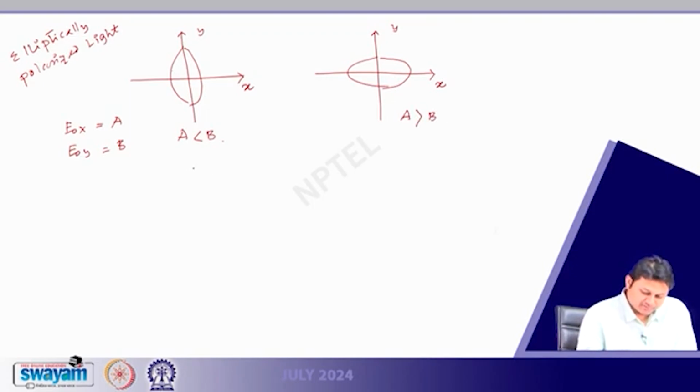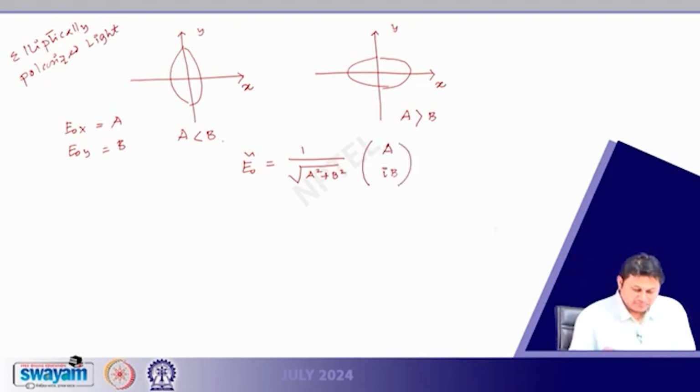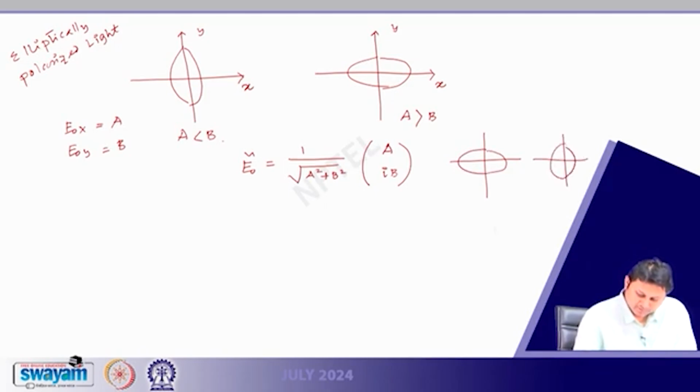But the general form is E naught tilde 1 by, for normalization factor I put this, and A, i B, and that is for either left circularly, either this system depending on the value of A and B, or this system, but in both the cases it is left circularly polarized light.